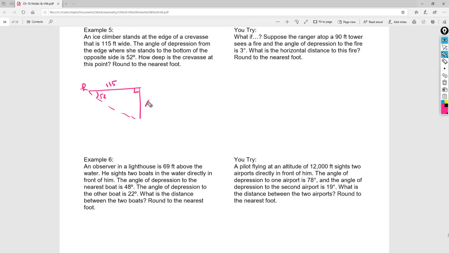So I am looking for this value right here. So again, I have an opposite and an adjacent, so I will use tangent of 52 to be opposite over adjacent. That means x will be 115 times tangent of 52. Okay, so that means that x would be 147 feet. Alright, so go ahead and give this next example a shot and then check and see if you got what I got.